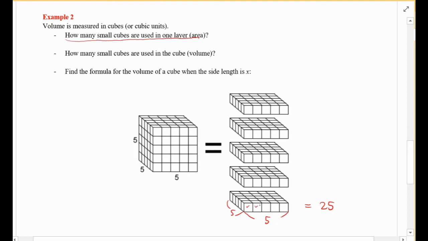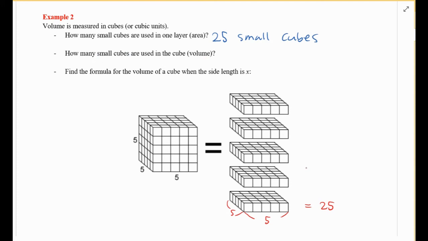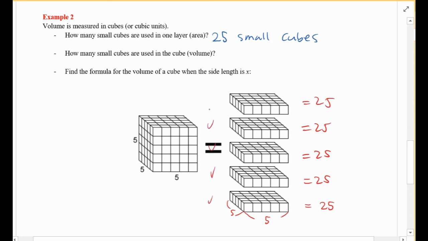So you can just simply count it. 1, 2, 3, 4, 5. 1, 2, 3, 4, 5. So you have 5 rows of 5 cubes. It's 25. In the first layer, there are 25 small cubes. And how many small cubes are used in the whole cube? How many layers do you have here? You have 1, 2, 3, 4, 5 layers.